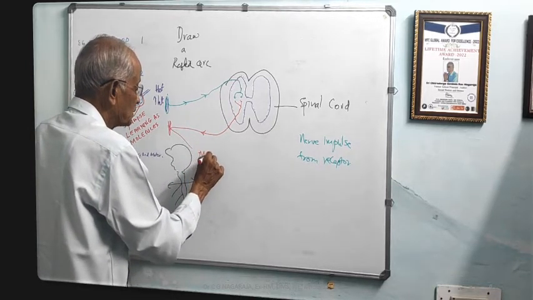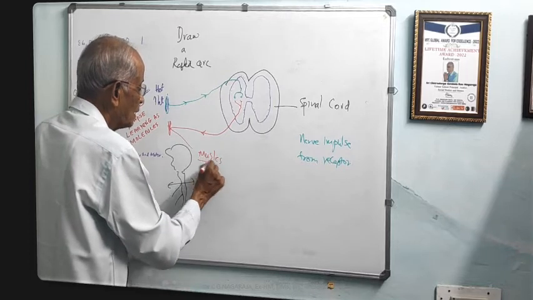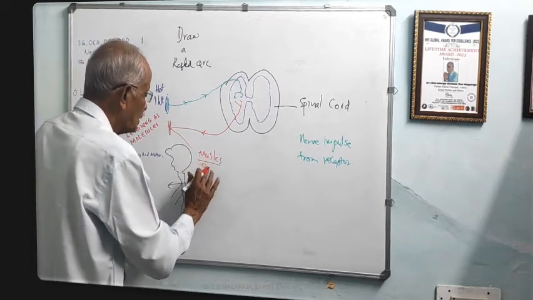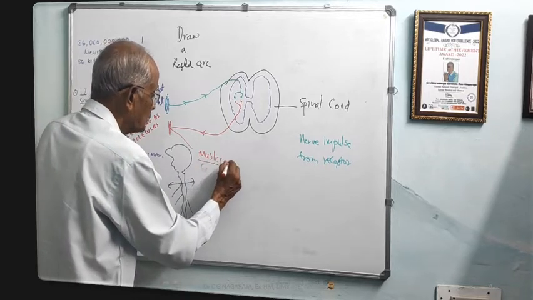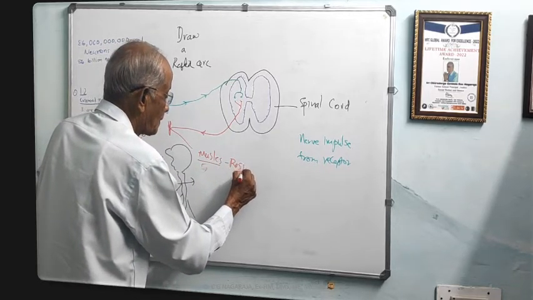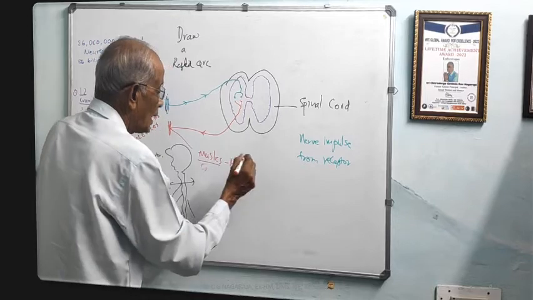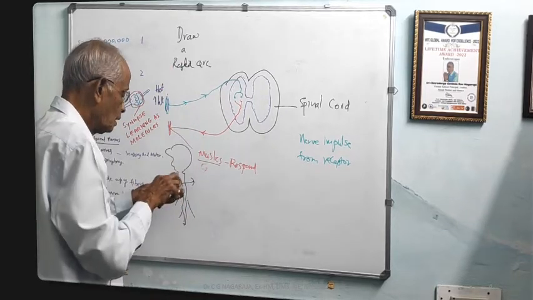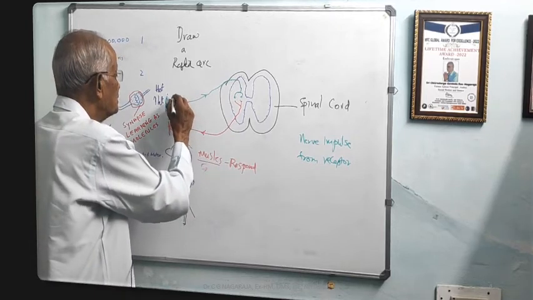It comes to muscles. So muscles will act. So this is the stimuli, that is the response. Muscles will respond. Action will be done, and the receptor will receive the stimuli.